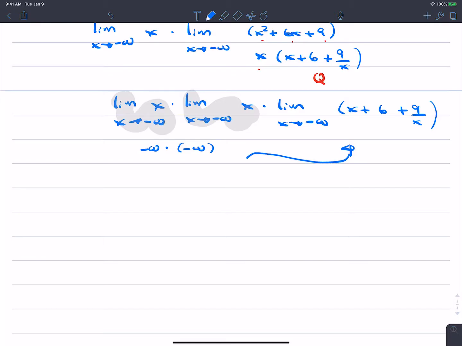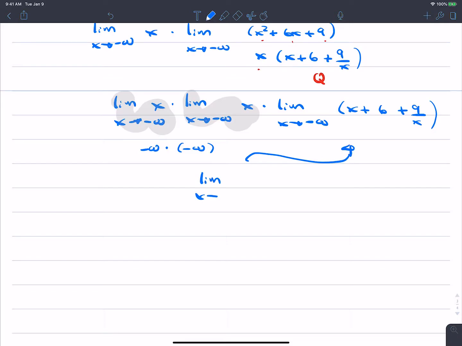So this is going to be what we're looking at here. You got the limit now as x goes to what? Minus infinity of x plus the limit of 6 plus 9 times that limit. We still don't have enough space. Start over here.